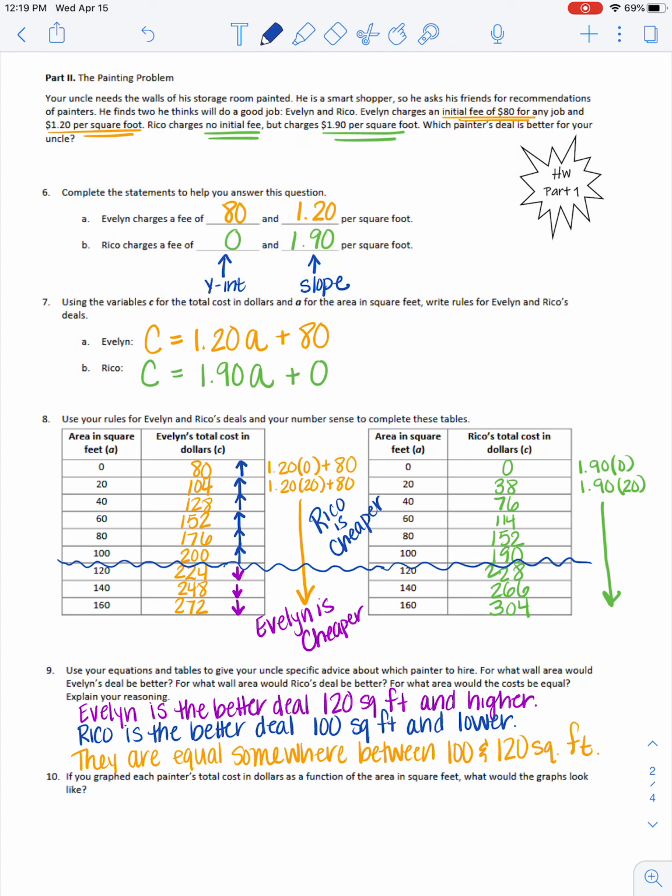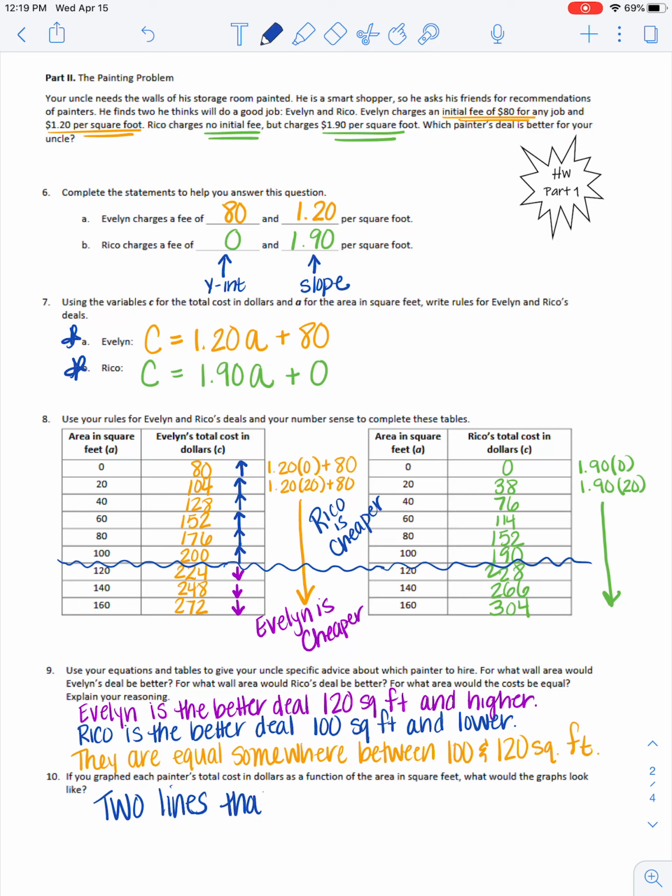Okay, so if we graph the painter's total cost in dollars as a function of the area in square feet, so meaning if we graphed Evelyn and Rico's lines, what would the graphs look like? Well, we know that they're both linear functions, so they would look like two lines. And we also know that they do intersect by looking at our table, because Rico was cheaper and then Evelyn became cheaper.